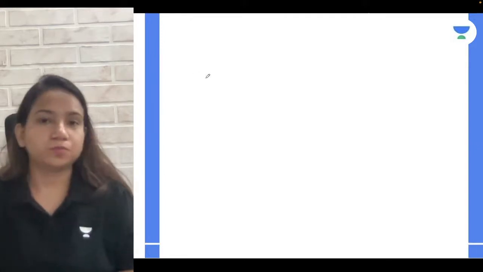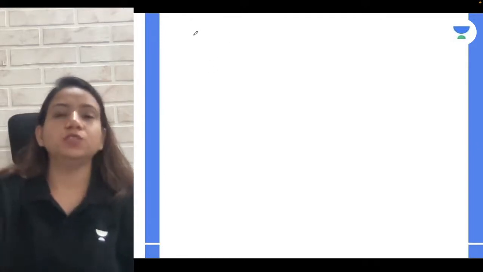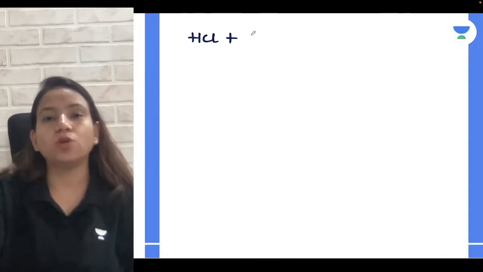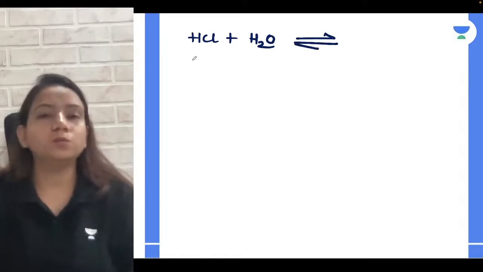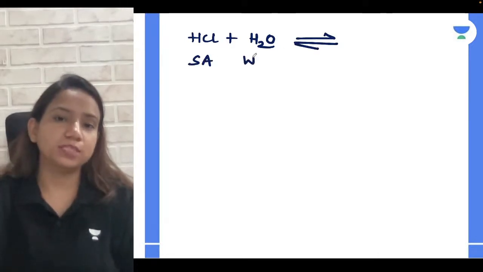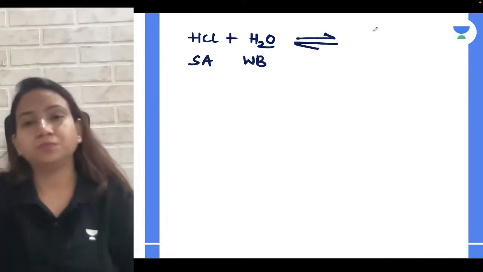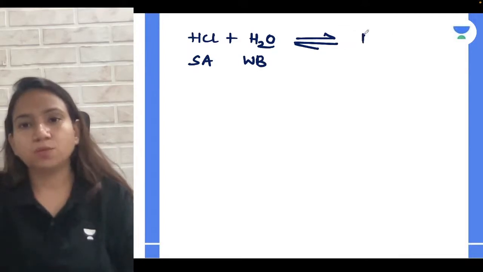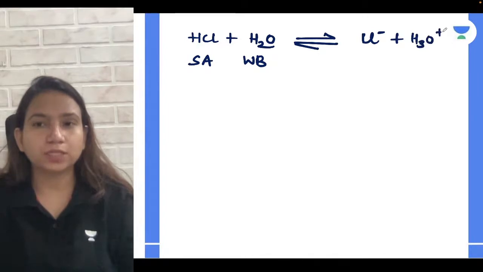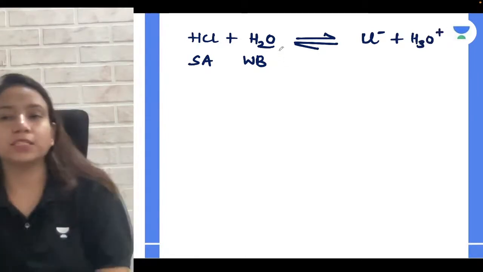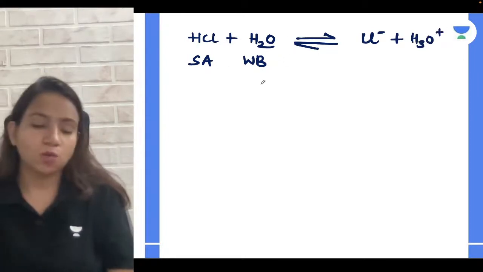Suppose water comes near a strong acid. Water will say, no problem, if you're a strong acid, let me act as a weak base. So HCl will lose H plus ion and water will gain H plus ion. So you can relate that strong acid, weak base. This is how it is going to work.